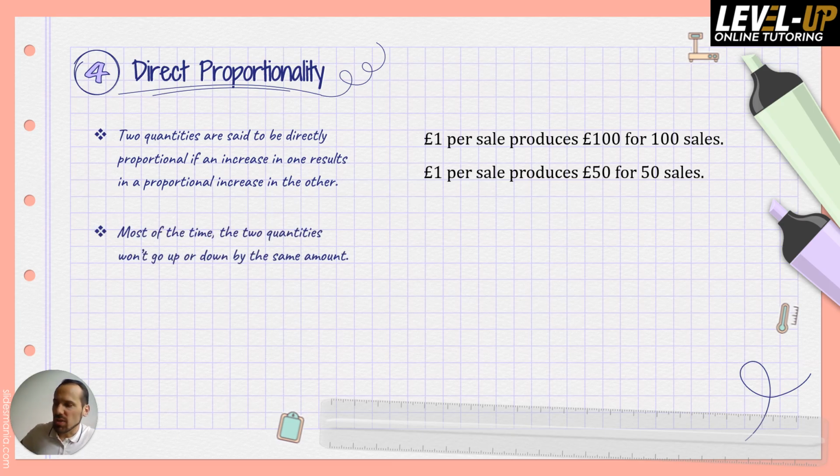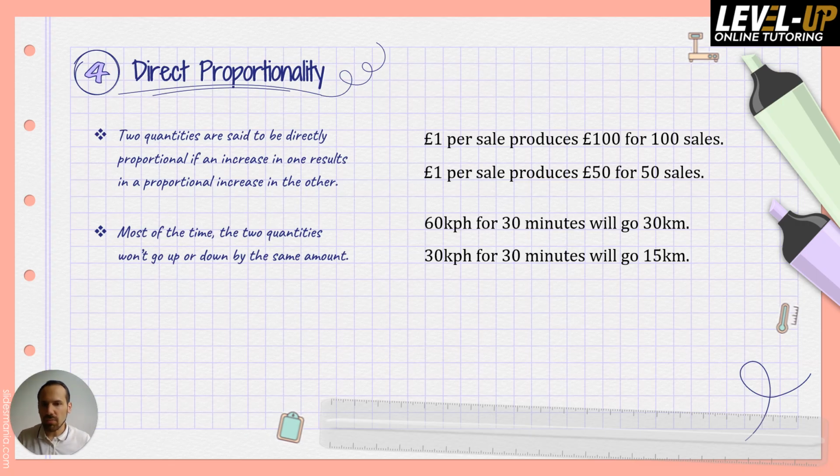But they won't always go up and down by the same amount. Like, say, if we have an example like this, if I'm traveling at 60 kilometers an hour for half an hour, I'll travel 30 kilometers. If I travel 30 kilometers an hour for only half an hour, then I'll travel 15 kilometers. So you see, as I've gone down by 30 in terms of speed, I've gone down by 15 in terms of distance.